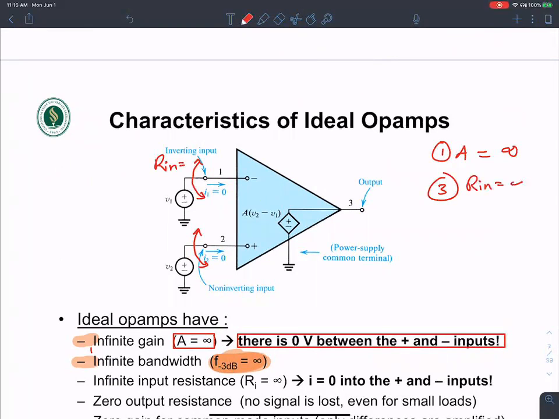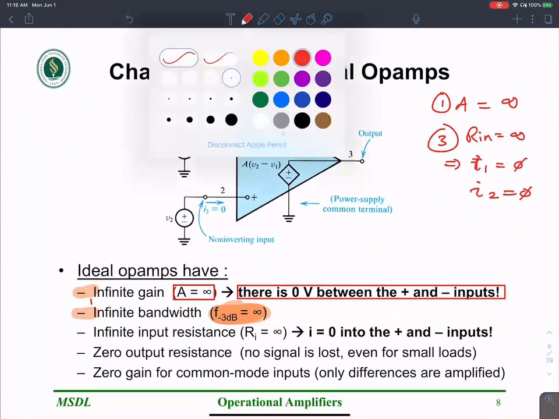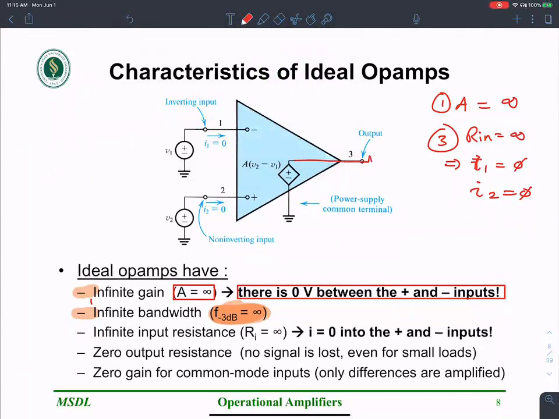Rin is infinity simply means that the current going in, I1, is 0 and I2 is 0. So the current going into an op-amp is 0, is another assumption that we make.